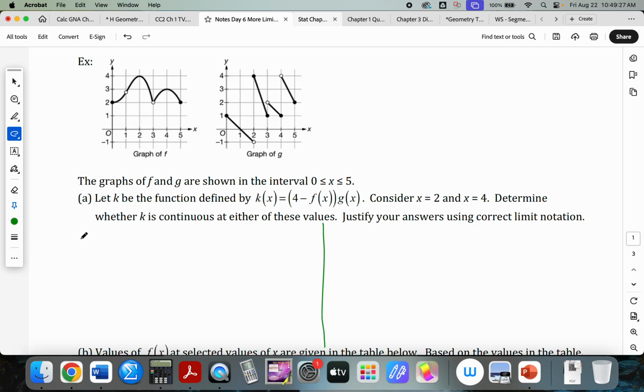All right, so let's find what is k of 2. So that's going to be equal to 4 minus f at 2 times g at 2.